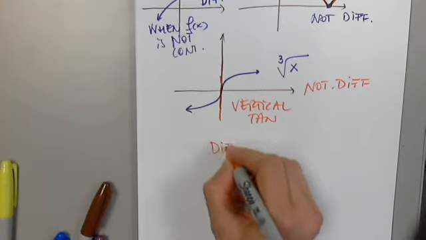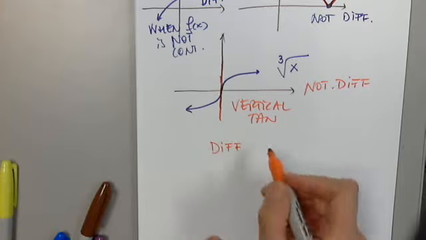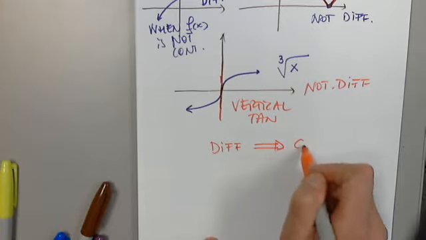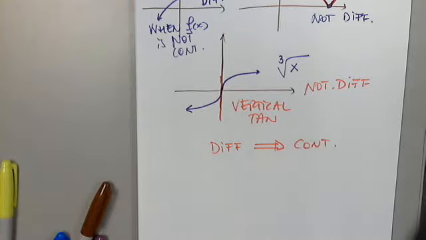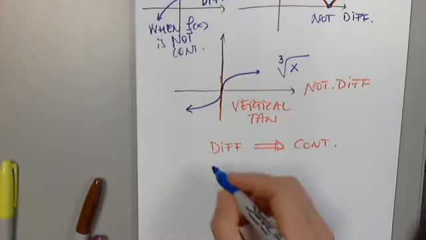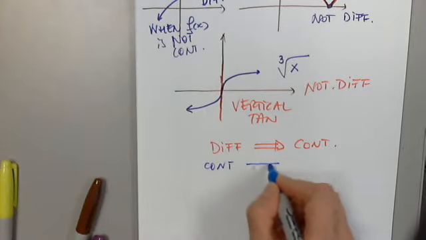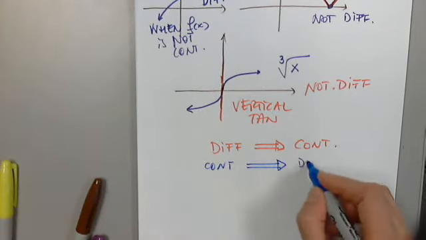So differentiability implies continuity. If I'm told a function is differentiable, it must be continuous, and it cannot have corners, vertical tangents, cusps, and so on. However, if a function is continuous, can I conclude that it is differentiable?